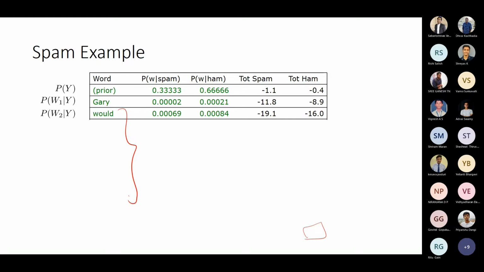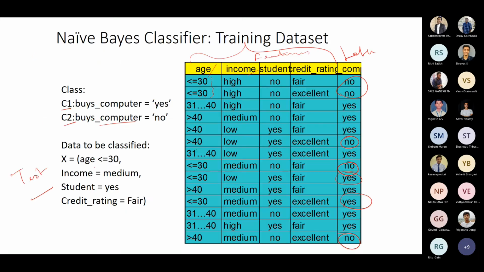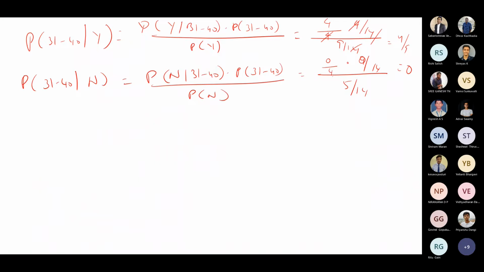We had this example, and we wanted to classify this data finally, but this is what we already have as our data set. So you have to construct all the probability values. Similarly, we talked about these two scenarios.